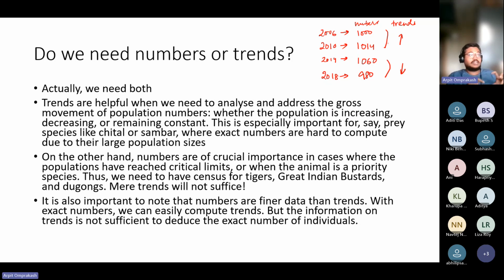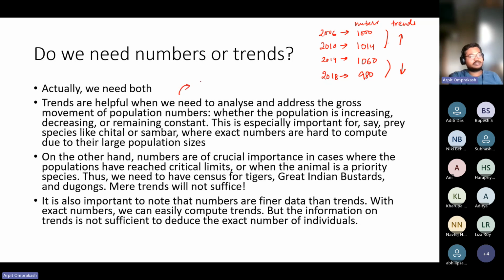So do we need numbers or trends to manage populations? We need both, actually. Sometimes trends are more helpful and sometimes numbers are more helpful. Trends are more helpful when we need to analyze a very large population and we don't want to know exactly what the population numbers are, but we want to know if the population is increasing or decreasing. For example, let's say we go to a forest and quantify the number of sambar that are there.